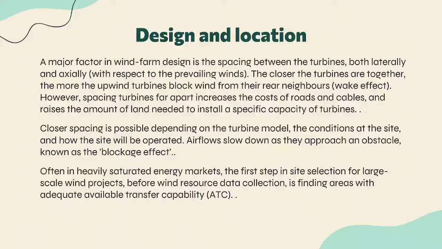Often in heavily saturated energy markets, the first step in site selection for large-scale wind projects, before wind resource data collection, is finding the areas with adequate available transfer capability, that is ATC. ATC is the measure of the remaining capacity in a transmission system available for further integration of two interconnected areas without significant upgrades to existing transmission lines and substations.